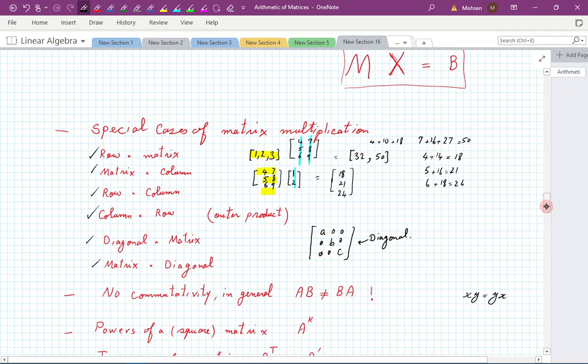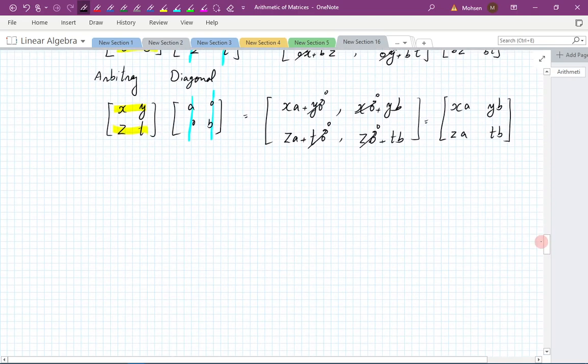So let's go ahead and emphasize that we have no commutativity. A times B, in general, in some special cases, it might happen that A times B is B times A, but you cannot assume it. So we write it as loss of commutativity.